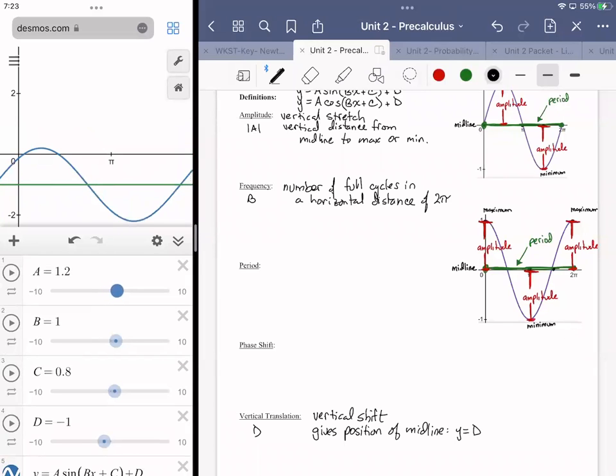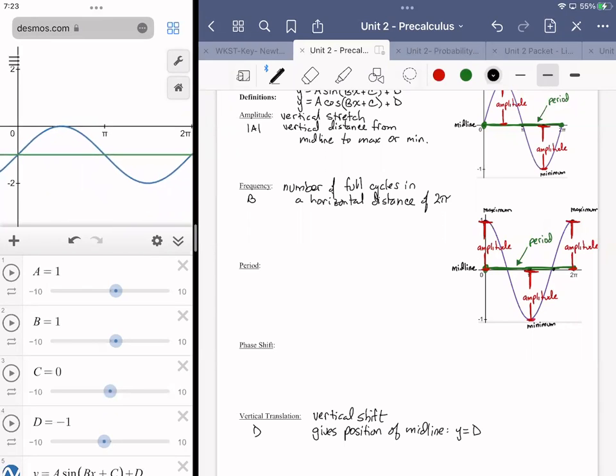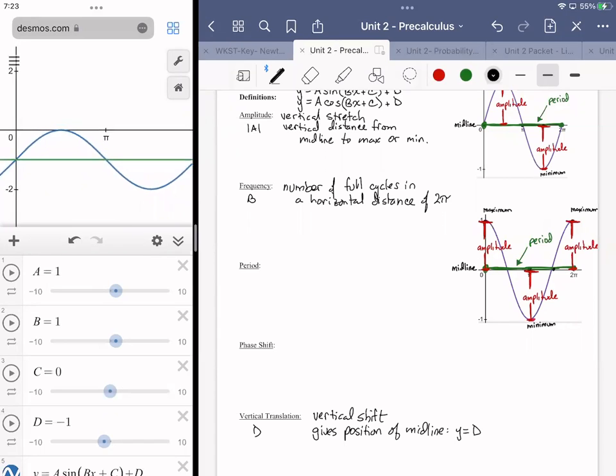I'm going to put this at 1. Stay right there. Okay. I'm going to put this at 0, and the other thing's fine where it is. All right, so we're looking at a full sine wave between 0 and 2 pi.